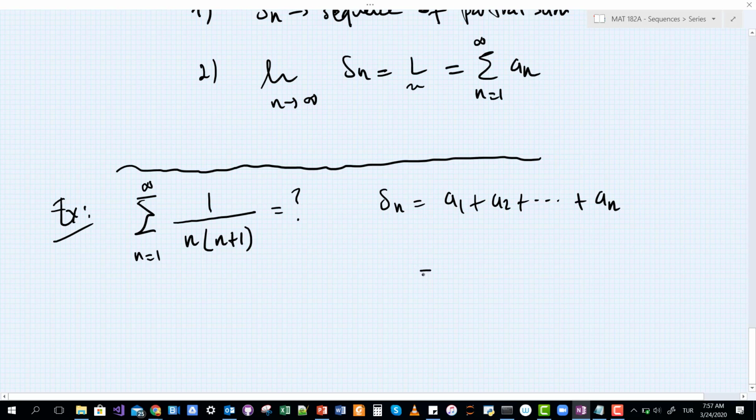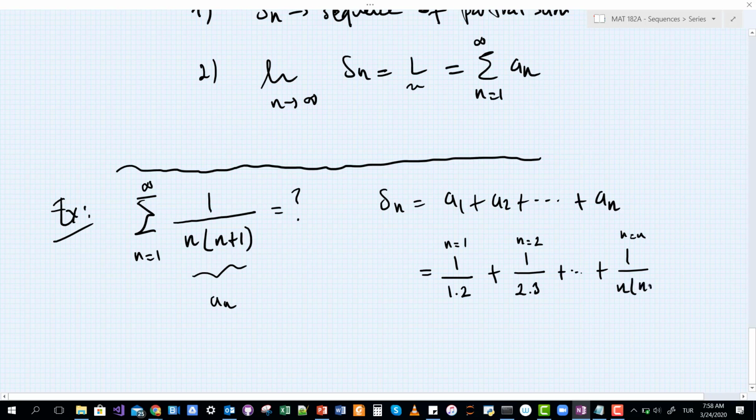Let me try it. If I use n equal to 1, this an term will give me 1 over 1 times 2. Plus, when I use n equal to 2, this series will give me 2 over 3. And at the end of the day, I will get this one, with n equal to n, so n times n plus 1. Then the definition says you need to take the limit of this sequence.